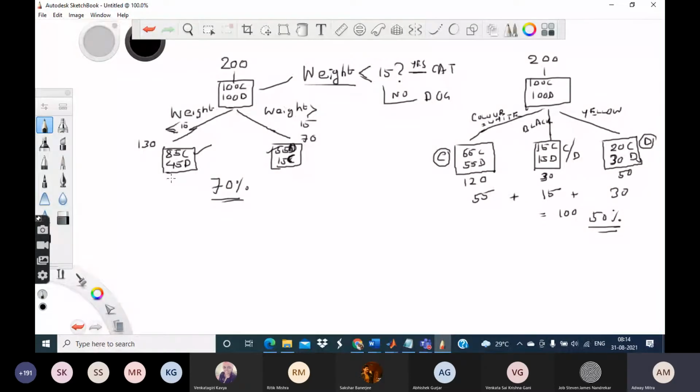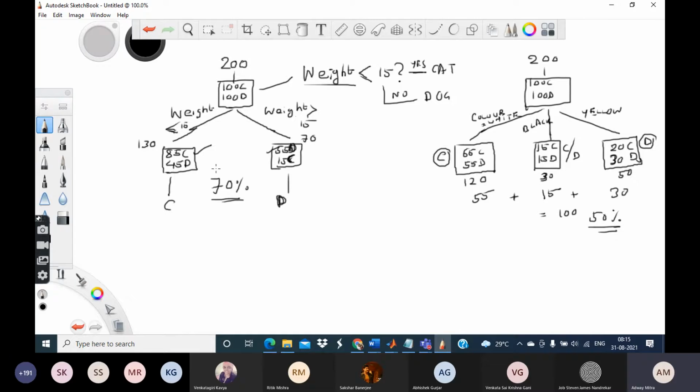In each subset, you see a dominant class. In the original data set, no class was dominant. We had an equal number of cats and dogs. But if we split this way, then one label becomes dominant. In this case, cat. In this case, dog.